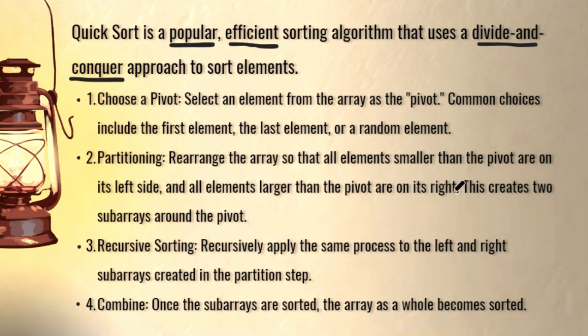Ato ang tanan man nga elements that is smaller than the pivot is mao to siya sa left side. So si 2 which is less than 3, mao to siyang ibutang sa left, right? Then si 4, 4 is greater man than 3, it is larger than the pivot. So it means ato siyang ibutang sa right.